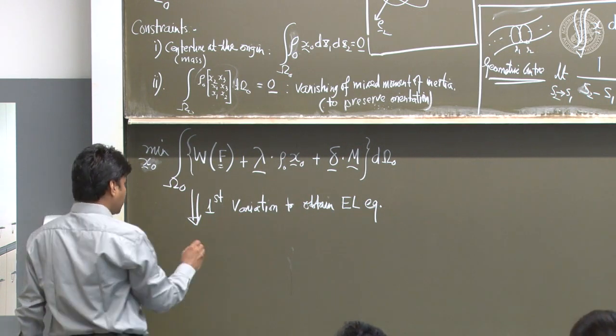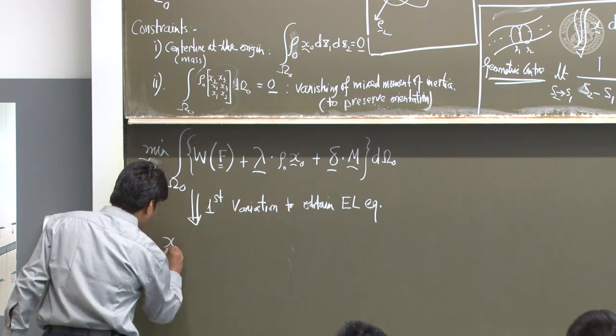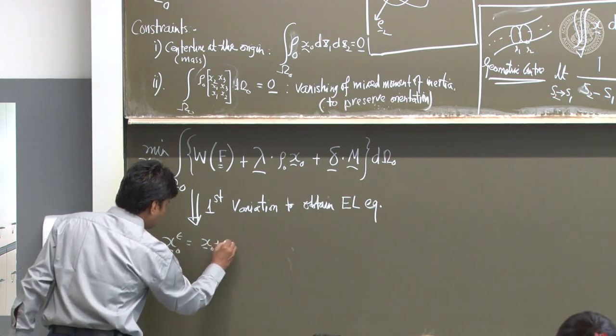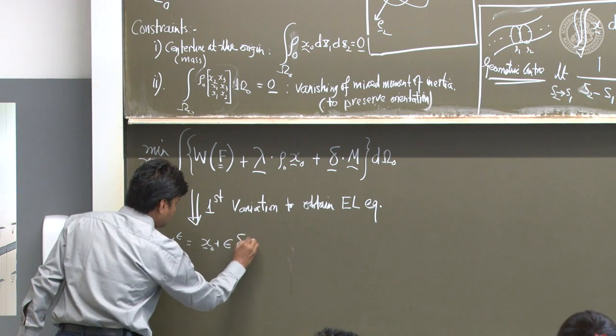And how do we take the first variation? Then you say you have little x naught epsilon is equal to little x naught plus epsilon times del x.